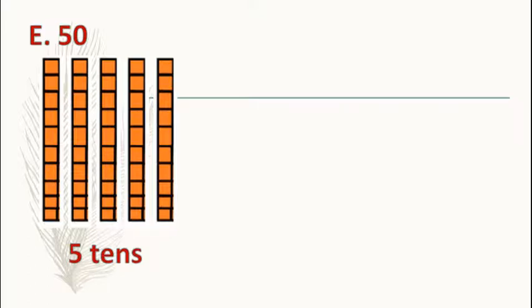So we illustrate 5 thin rectangular shapes for 5 tens, and for the 0 ones, because 0 is no value, we'll just leave it blank. So the answer here is 5 tens.